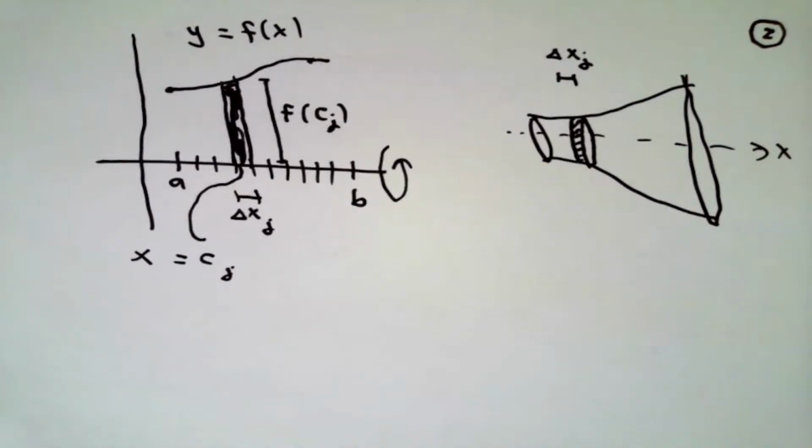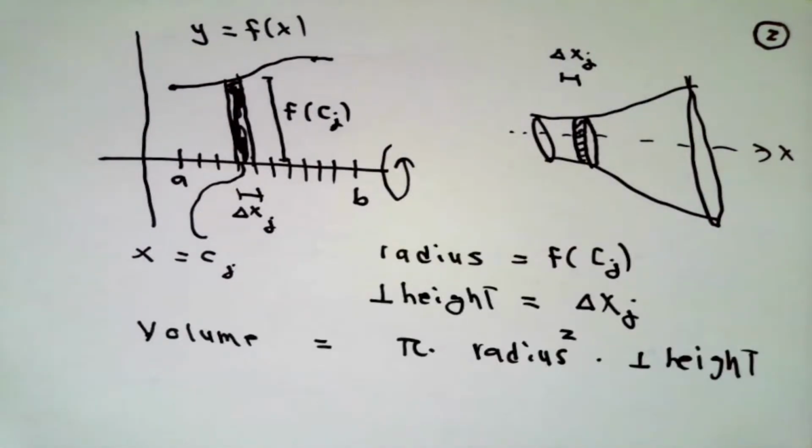When I revolve that shaded in strip about the x-axis, the furthest away from the axis of rotation that I can get is f of cj. This is going to be the radius of that disk. As previously mentioned, the volume of that one disk is going to be pi times radius squared times perpendicular height, which we now have ideas about.